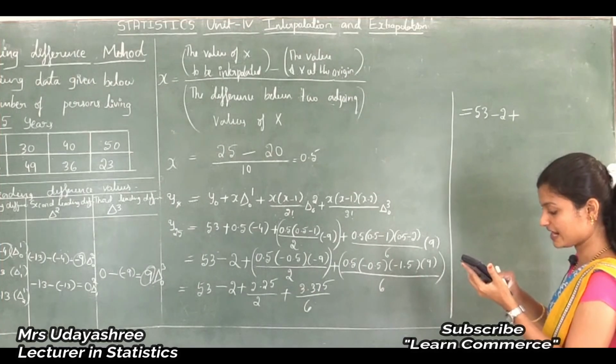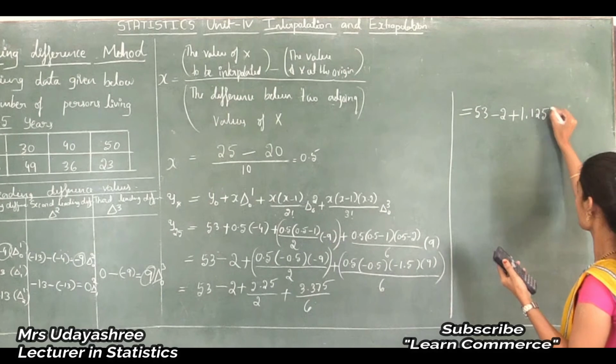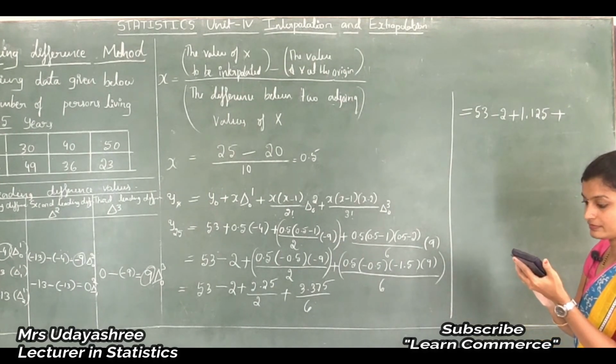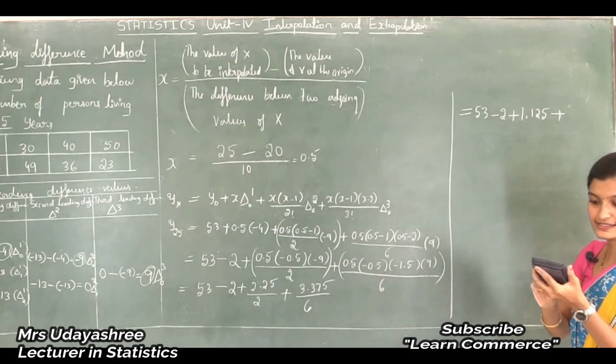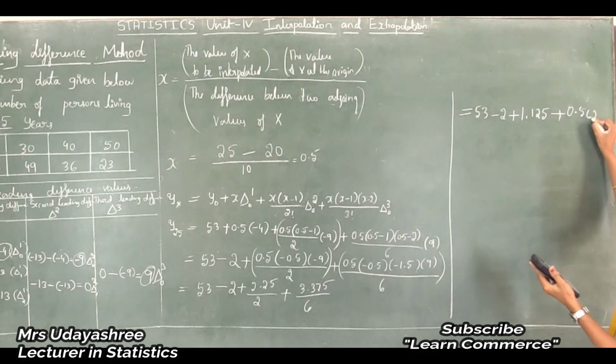Okay, next I will continue. This is equal to 53 minus 2 plus 2.25 divided by 2, that is 1.125, plus 3.375 divided by 6, that is 0.5625.